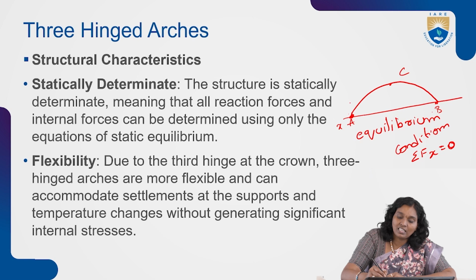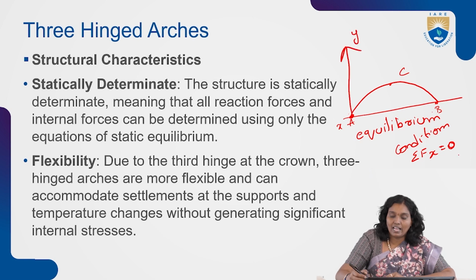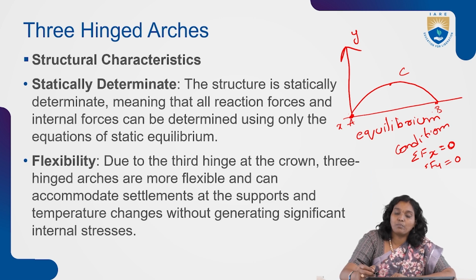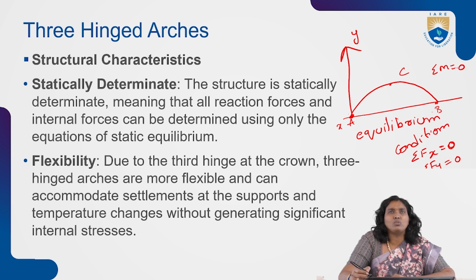And one more is the y-axis, where we consider vertical forces. The sum of all vertical forces which are involved in that particular structure is equal to 0, which is one of the equilibrium conditions. And one more is the moment. The sum of all moments is equal to 0. This is nothing but the static equilibrium conditions.